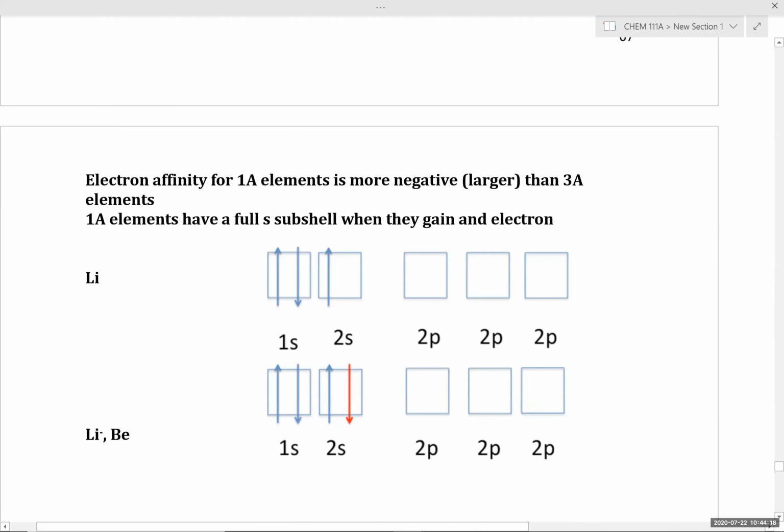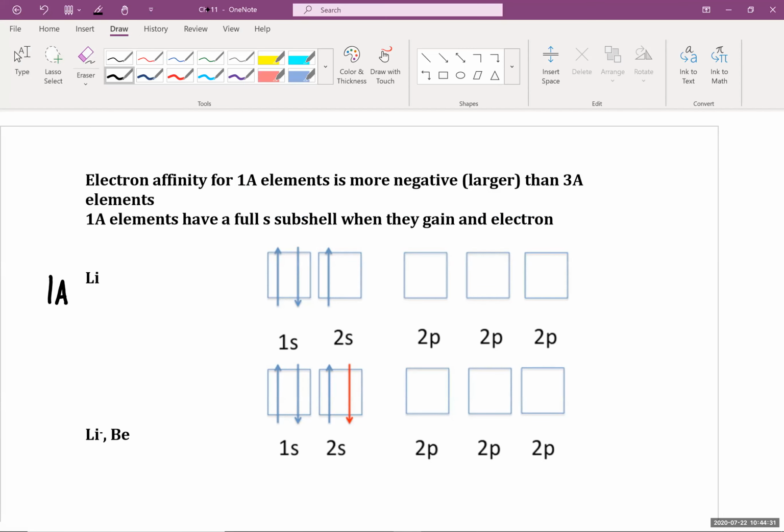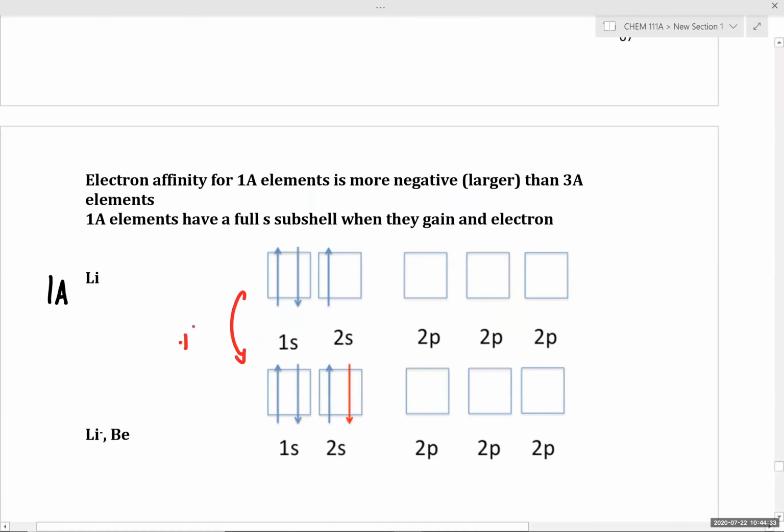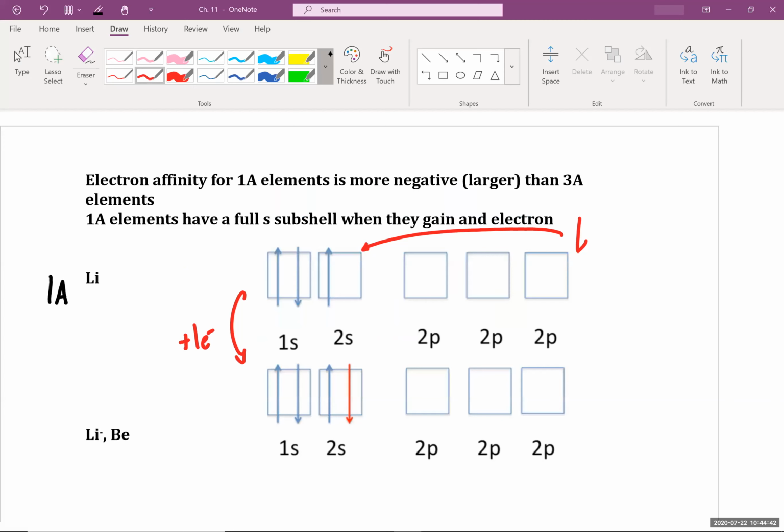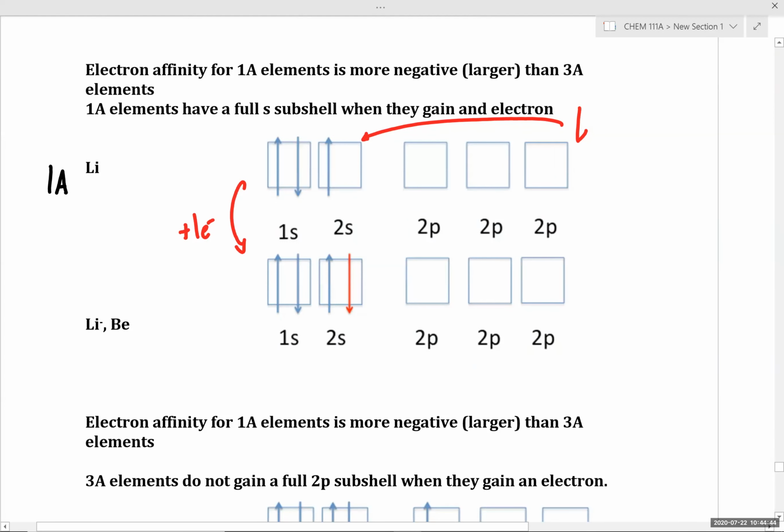Okay, so now let's try to explain why 1A elements have an uncharacteristically large electron affinity. Well, if we think about what happens when we add an electron, that added electron is going into an s orbital, sure. And at the end of this process, after we've gained our electron, what do we see is true about this s orbital?